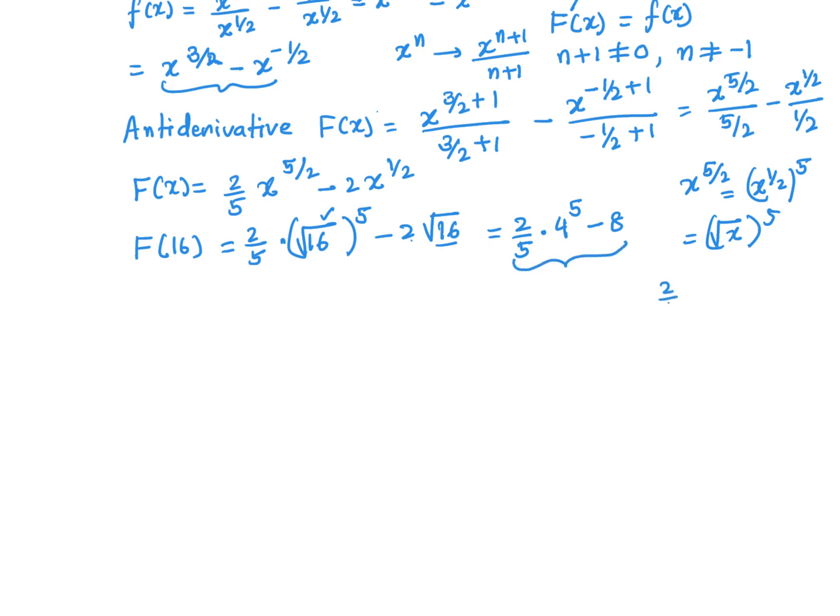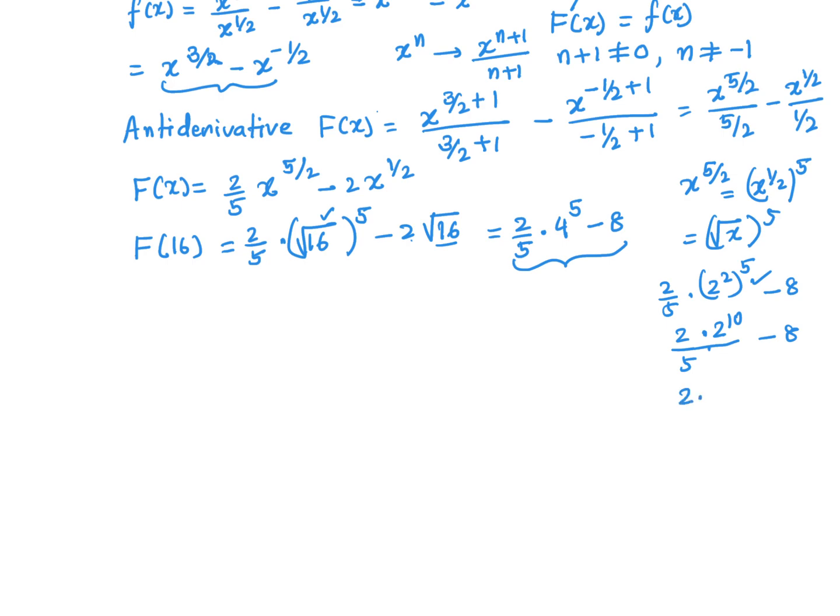So 2/5 times 4 to the power 5 is the same as 2² to the power 5, then minus 8. So 2/5 times 2 to the power 10, minus 8. The reason I wrote it this way is so that I don't have to use a calculator.